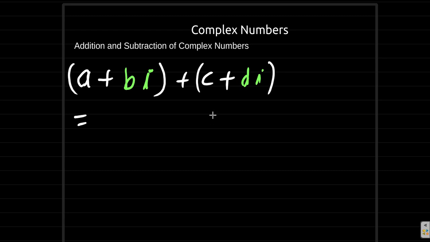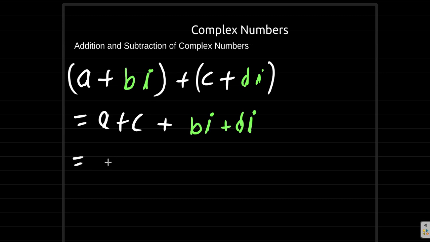What you need to do is add the real parts and the imaginary parts separately. So you have a plus c, the real part plus real part is a plus c, plus then the imaginary parts, bi plus di.